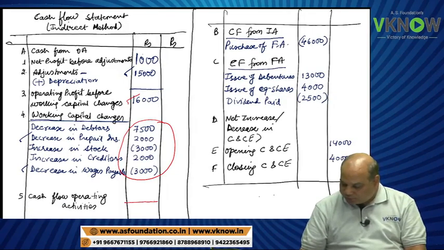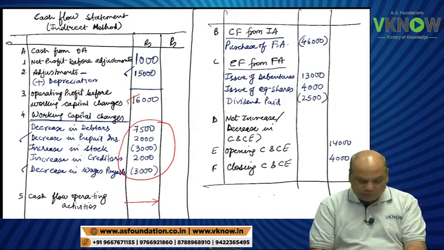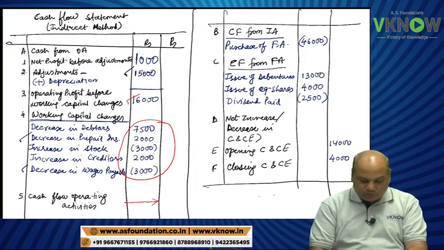You will get cash flow from operating activities directly. So take 16,000 plus 7,500 plus 2,000 minus 3,000 plus 2,000 minus 3,000.